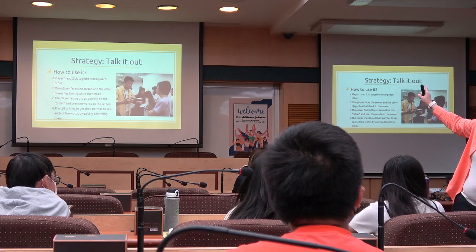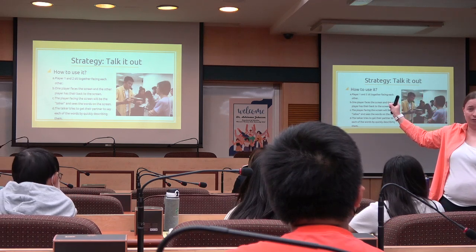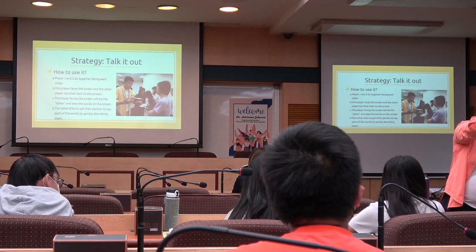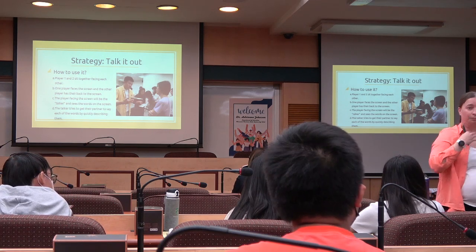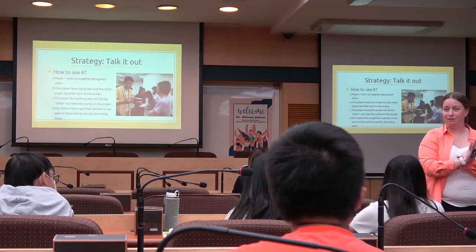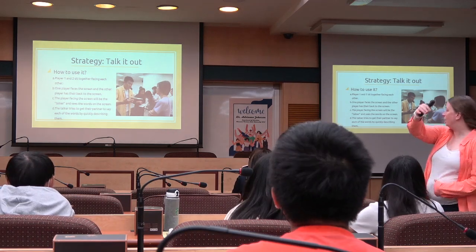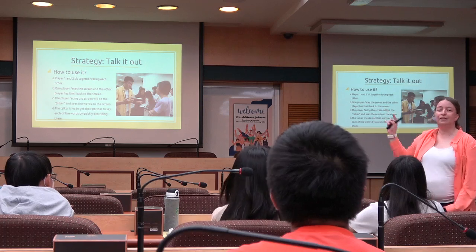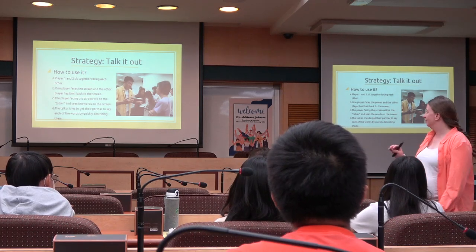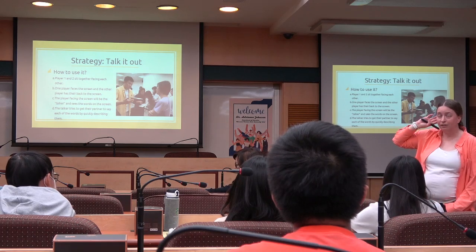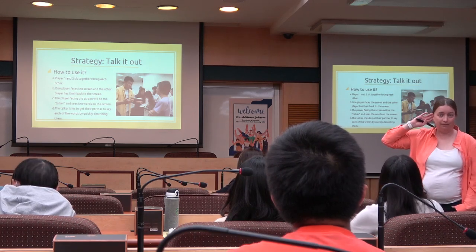One player is going to see the screen. Who's going to see the screen? Partner A or partner B? A. Can partner B see the screen? No. Okay? So partner A is going to be the talker. They're going to talk. Partner B is the listener and the guesser.